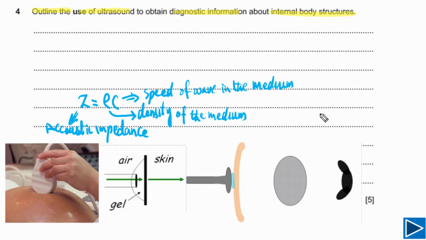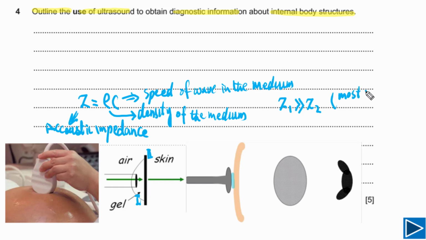Next thing we need to understand: if there are 2 media, as you can see here we have gel. Let's say this is medium 1, and this is representing the skin, and let's say this is medium 2. If Z for these 2 media is different, meaning Z1 is much greater than Z2, in this case most of the waves will be reflected.